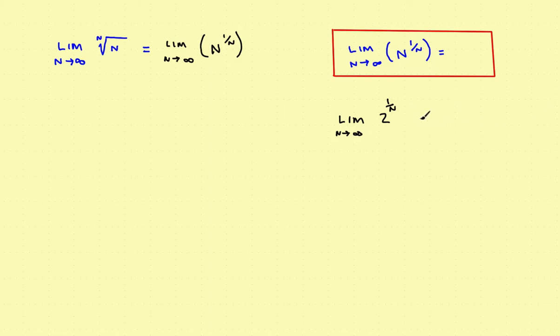As n goes to infinity, the exponent 1 over n goes to 0, so you'd wind up with 2 to the 0 power. Anything to the 0 power is 1, and you'd be good. So since the exponent is going to 0, you could make the argument that this thing could be equal to 1.